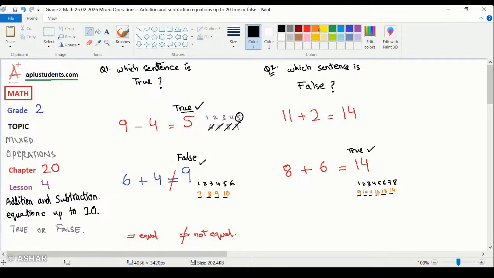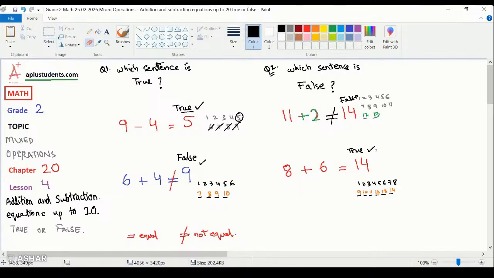Let's look at the other one. We have the numbers 1, 2, 3, 4, 5, 6, 7, 8, 9, 10, 11, and we add 2 more numbers to it. Because we are adding 2, we add 2 more numbers. That would be 12 and 13. That means this statement is false. Agreed? That means 11 plus 2 is not equal to 14.